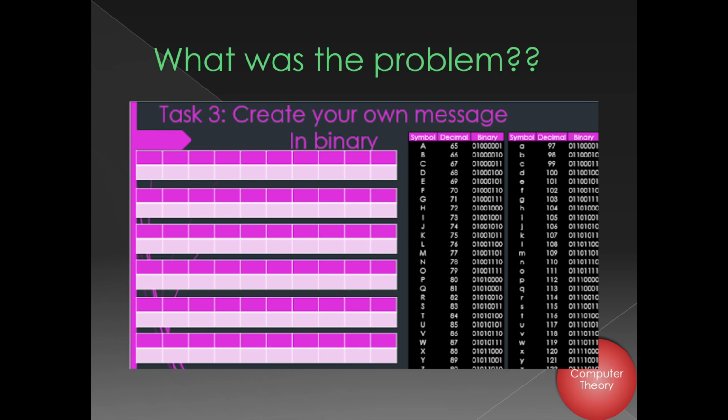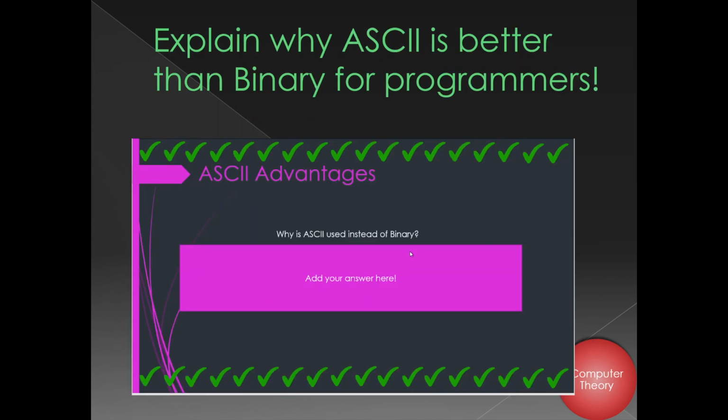The problem was binary took a long time to process. You've got to look at a lot more numbers than you do with a decimal or ASCII code system, the denary number. And that's why we use ASCII. It's a lot quicker for the programmer, for the computer, and everything involved to just shoot the numbers across, get them converted, turn them back into letters, and put them on the screen for us to use.